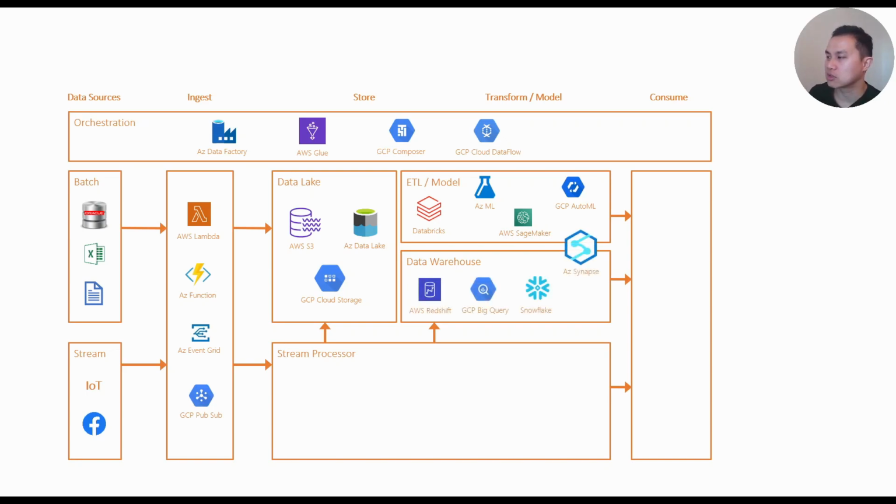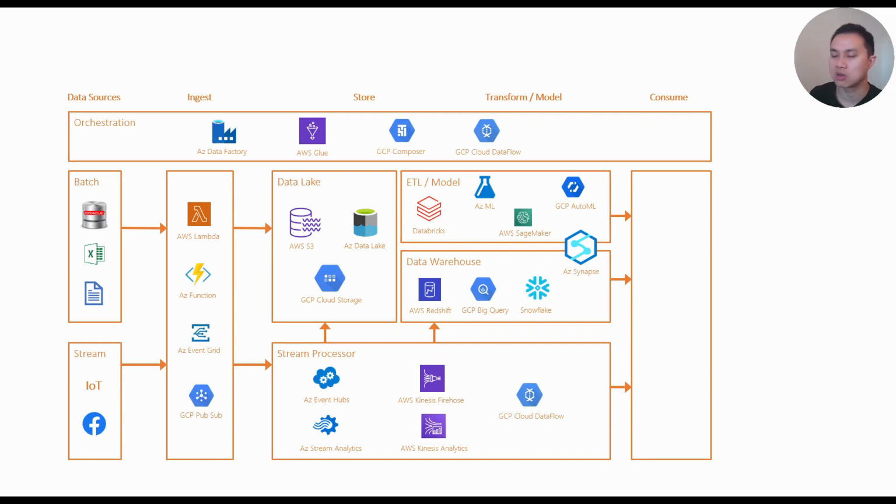In the data warehouse, I've seen AWS Redshift as a popular data warehouse tool in AWS, BigQuery, Snowflake, and in Azure it's Azure Synapse Analytics, my bad. For streaming, we've got Azure Event Hubs and Stream Analytics to process the streaming data.